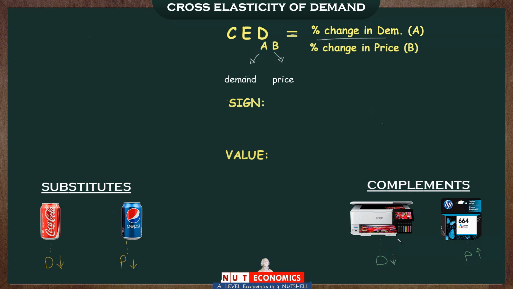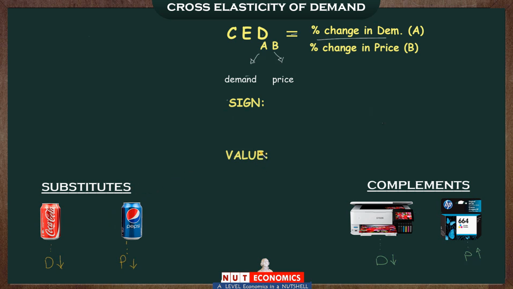Now what we basically need to know through the sign of CED is how we can look at the sign and tell whether two goods are substitutes or complements. And through the value of CED, we are going to learn how we can tell, if they are substitutes, how closely related substitutes they are. Are they very similar or just related to a certain extent?